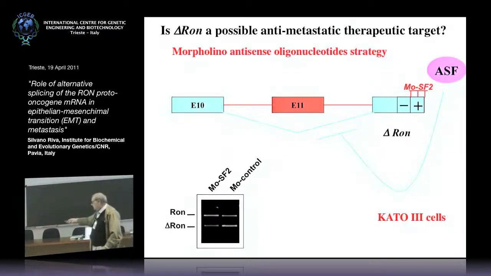If you look in the presence of morpholino oligonucleotide, you have a switch from delta RON to RON.